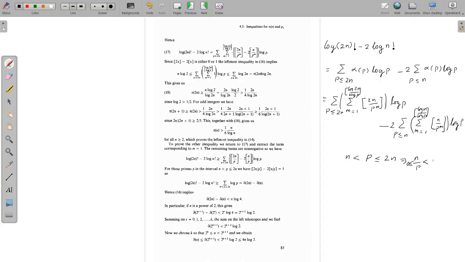This is less than 1. From the first part of the inequality we can write 0 less than or equal to n by p less than 1. So this implies the integral part of n by p is always 0.